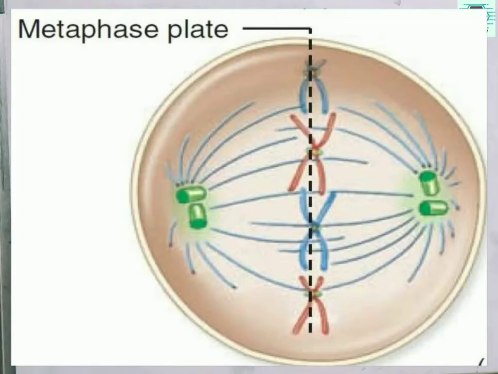Next, the process of metaphase. So in the metaphase, the diagram shows that in this process the microtubules of the mitotic spindle align the centromeres of the chromatid pairs at the exact center of the mitotic spindle. And how does the spindle form? The spindles are actually formed from the centrosome, which divides and forms the spindle.